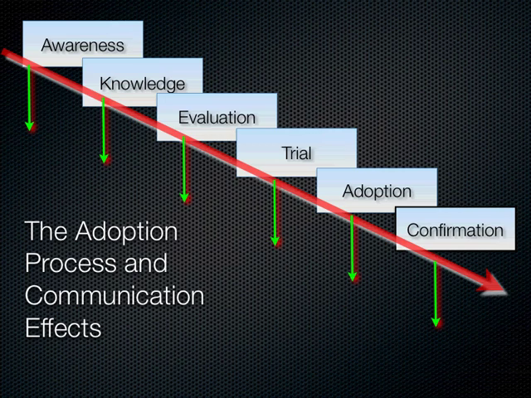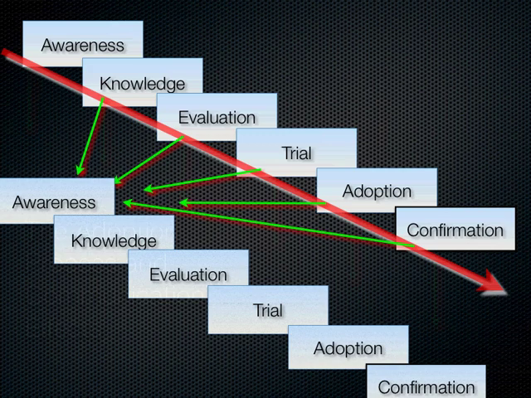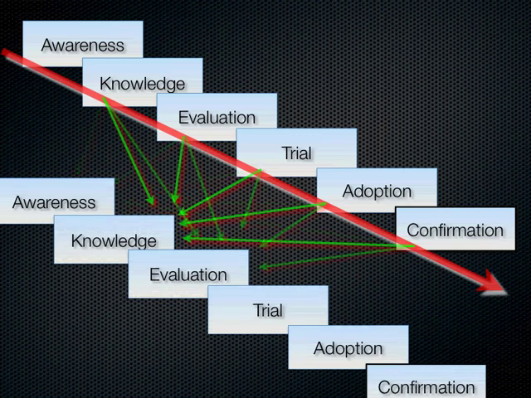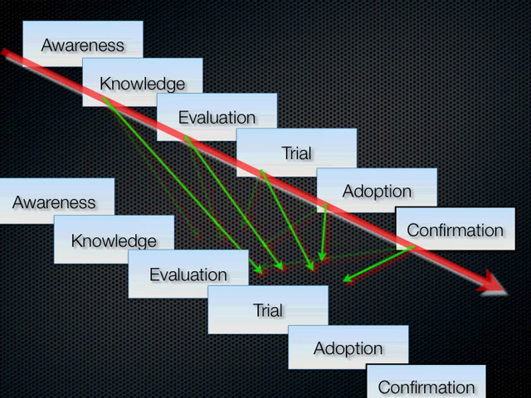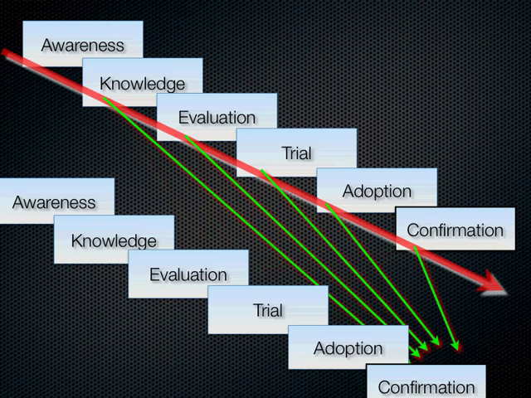In other words, for each of the blue arrows, every step that happens, you're going to tell somebody about your experience. You may do it directly or indirectly. So as we see it with this picture, what happens to person 1, who's represented by the red arrow, is every time she tries something out, every time she gains knowledge or evaluates or tries or adopts or confirms, she communicates to someone else who might be at the awareness stage or the knowledge stage or the evaluation stage, the trial stage, adoption stage, or confirmation stage of that product.